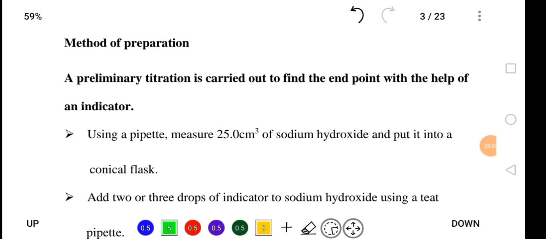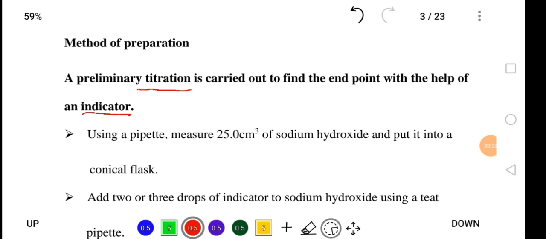You understand that in titration, an indicator is used. In most cases, we use phenolphthalein. We can also use some other indicators such as methyl orange, bromothymol blue, or something you feel like.